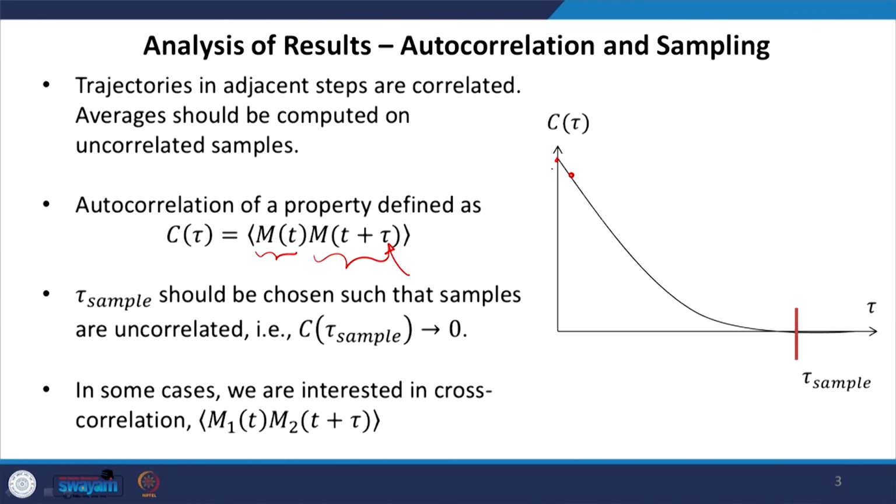So, c of tau is the value of the correlation after tau time has elapsed, starting from any given point in the MD simulation. Clearly when tau is small, we are looking at closely spaced points in the MD simulation. The immediately next point will have tau equal to delta t, the following point will have tau equal to 2 delta t, and so on.